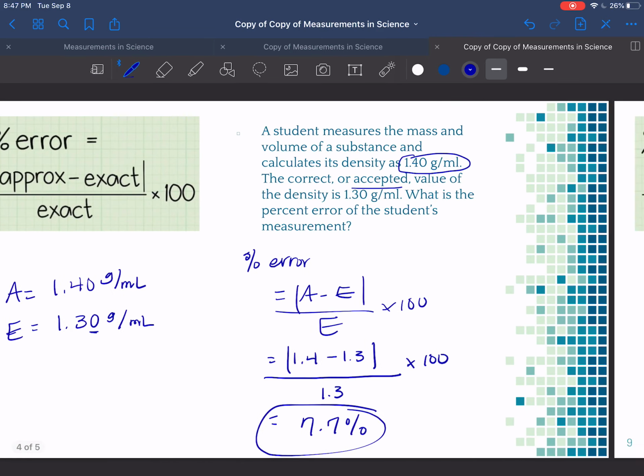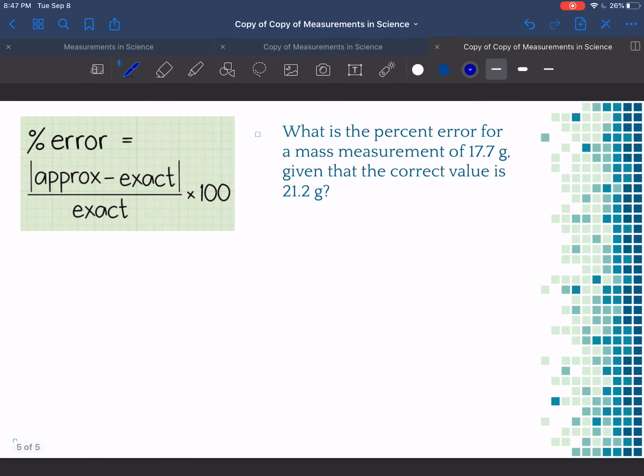One final example. What is the percent error for a mass measurement of 17.7 grams given that the correct value is 21.2? Well, again, we have to identify what approximate and what an exact are. The student measurement will always be the approximate value, so that's 17.7 grams, which means 21.2 grams is the exact.